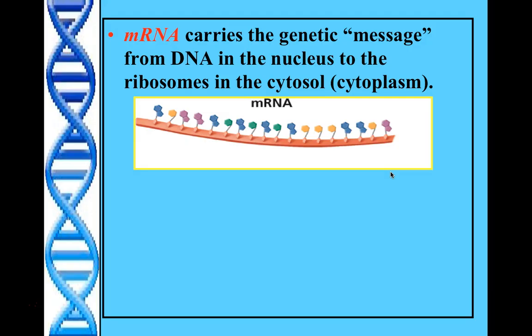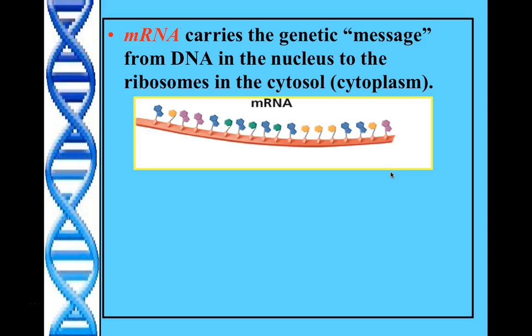So that's exactly what's going to happen here. The reason why the mRNA is so important is because DNA is stuck inside the nucleus. DNA is not allowed to leave. But in order to get the proteins made, the message has to leave the nucleus and somehow get to the ribosome. So the only way that can happen is if mRNA is able to travel.